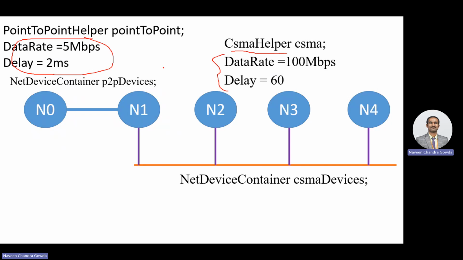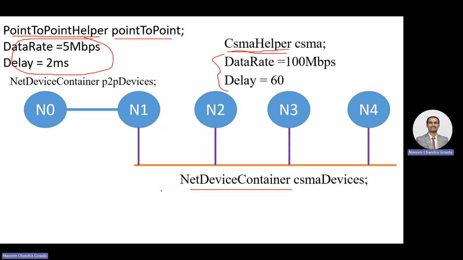Whereas, as I want to connect the first two nodes by using a point-to-point link, I'm using point-to-point helper, for which I'm creating the object as point-to-point. Whereas as I want to connect these nodes as CSMA nodes, I am using a CSMA helper. Okay, making sense? Then by using that CSMA, I am connecting all those.